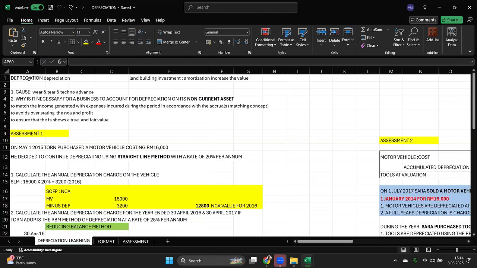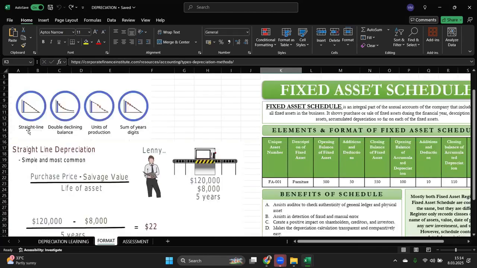Okay. So to calculate the wear and tear, we have percentage basis, which is sometimes we will have 10%, 15%, 20%, and all that. Okay. And for that, we even have 4 types of method, which is straight line, double declining, units of production, and also sum of digit.